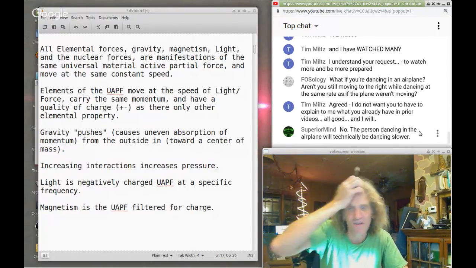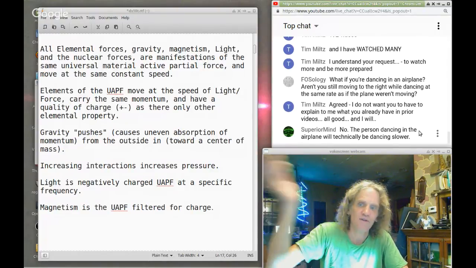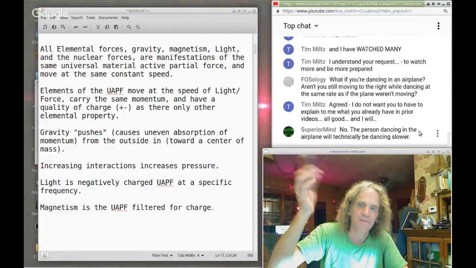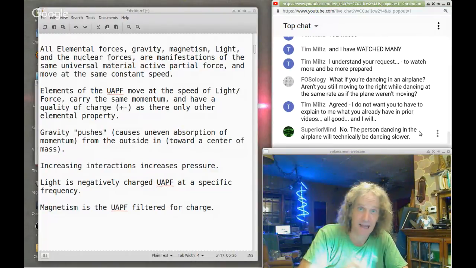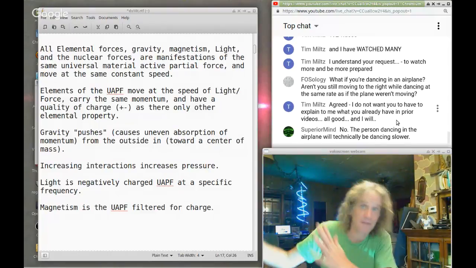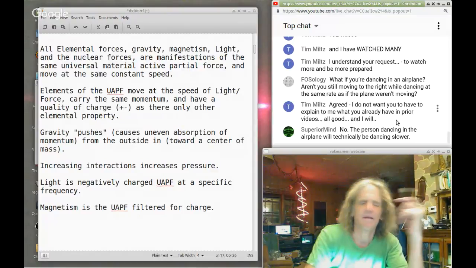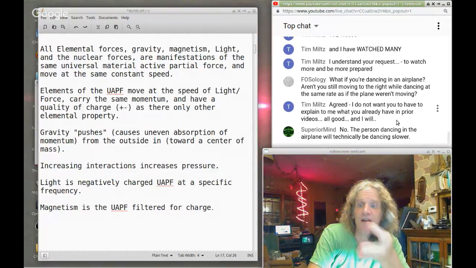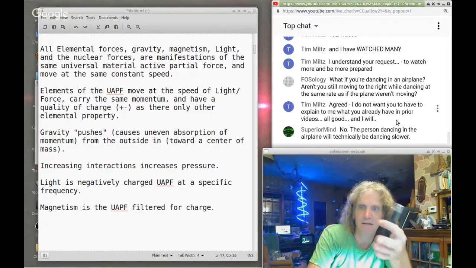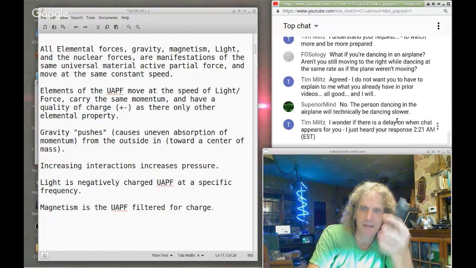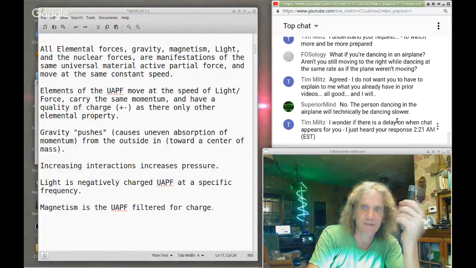Again, it's always got to relate it all to the motion outside of the other elements changing the external environment. Oh, I don't know how to say it. I mean, you're not going to be able to answer his question by saying no. The person dancing in the airplane will technically be dancing slower, because that's not going to be enough of an answer.